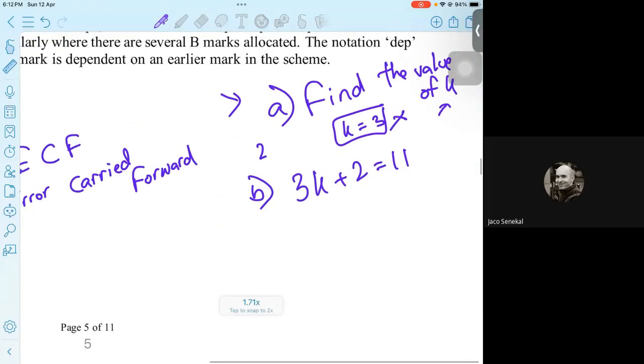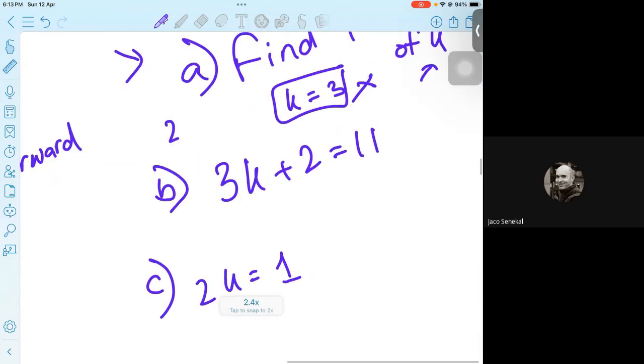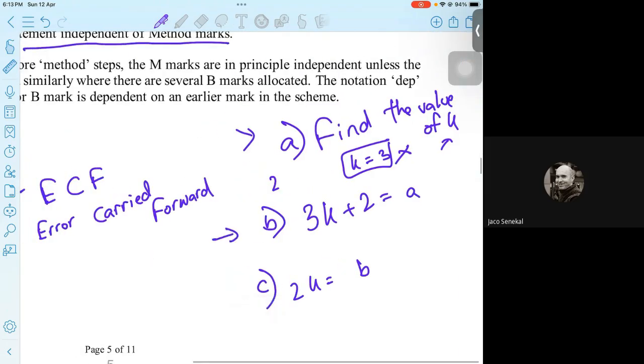But in part B and part C, you were required to use it again. Let's say 2k equals 1, and let's put some other values here. Let's say this is A and this is B. For finding A and for finding B, you are supposed to use the value of k from part A. The mark scheme is going to have specified answers for A and for B as well.